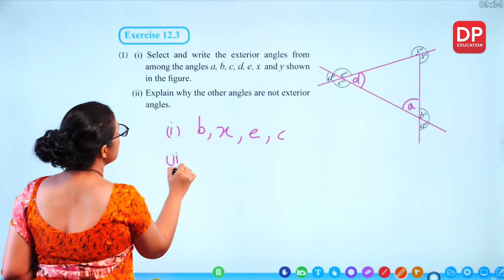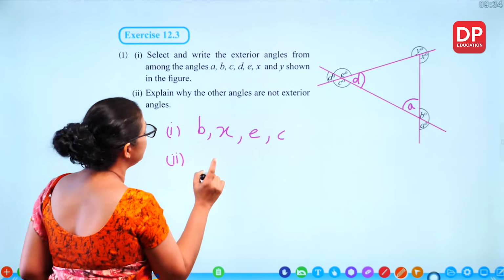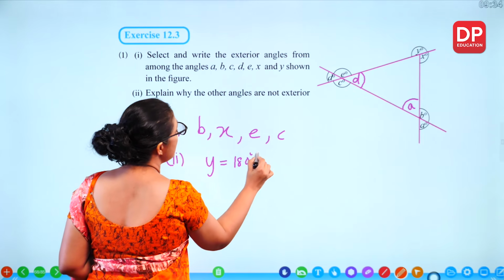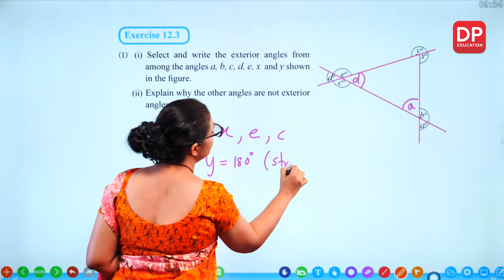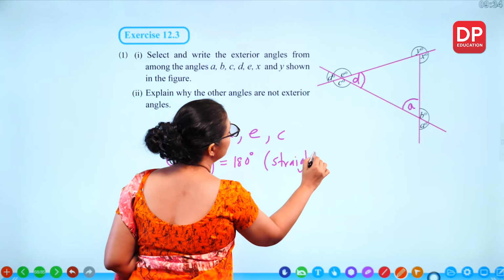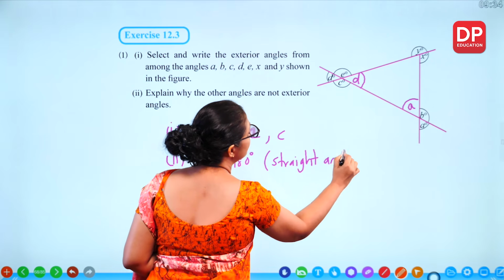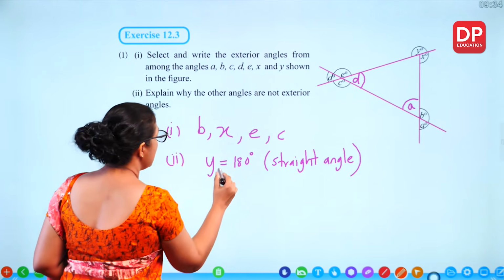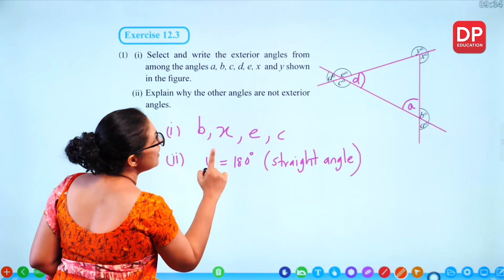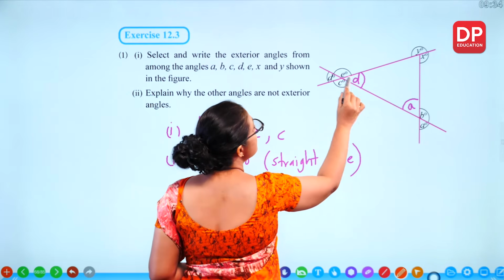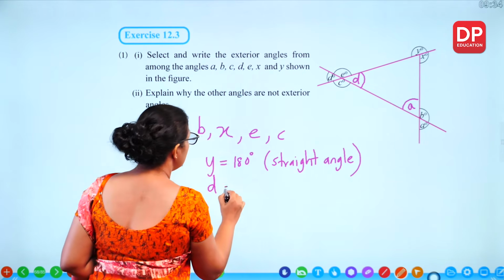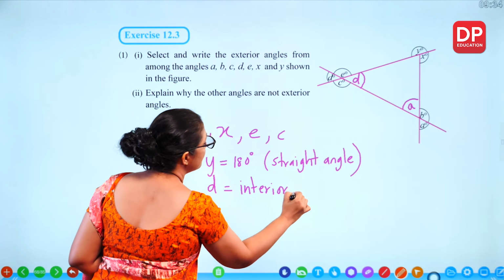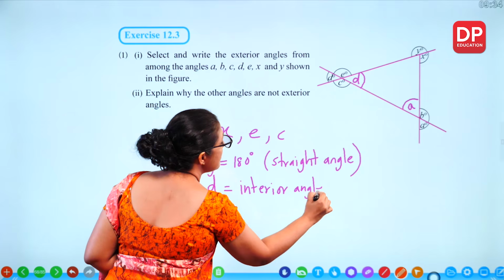Why are the other angles not exterior angles? Y is 180, that's a straight angle. D is the interior angle. Why is this equal?